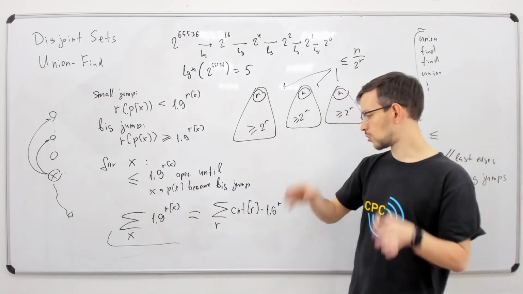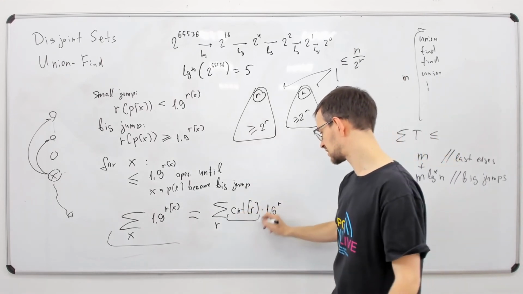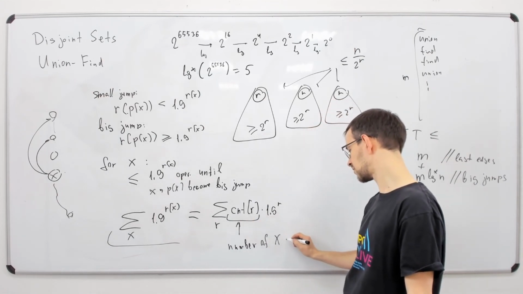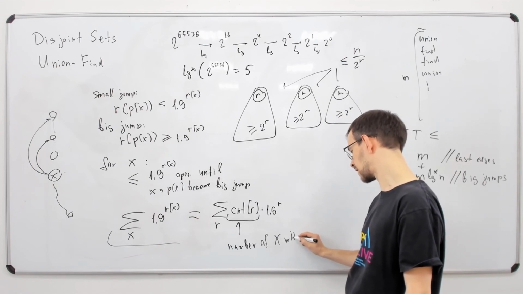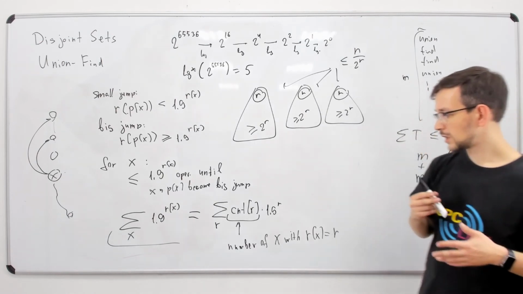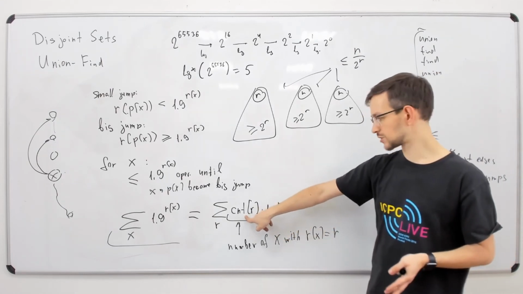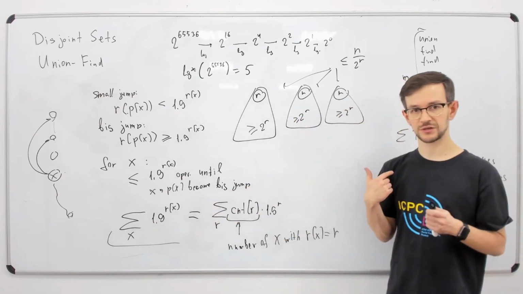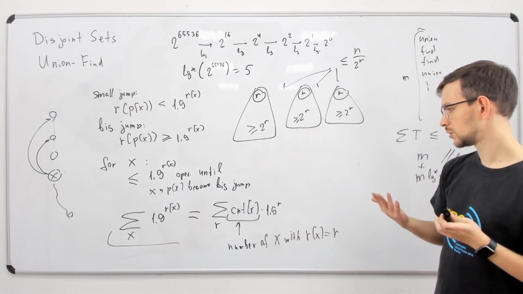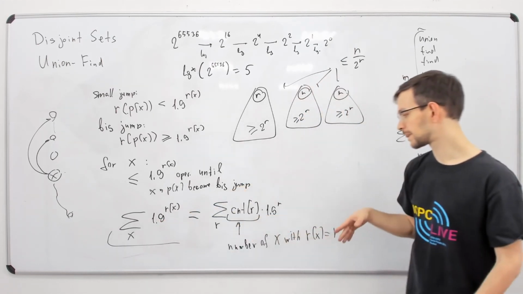So we take all the nodes of rank R, calculate the number of nodes with rank equal to R, and take all nodes of the same rank, get the number of nodes multiplied by this value. That's just regrouping of the elements of this sum.